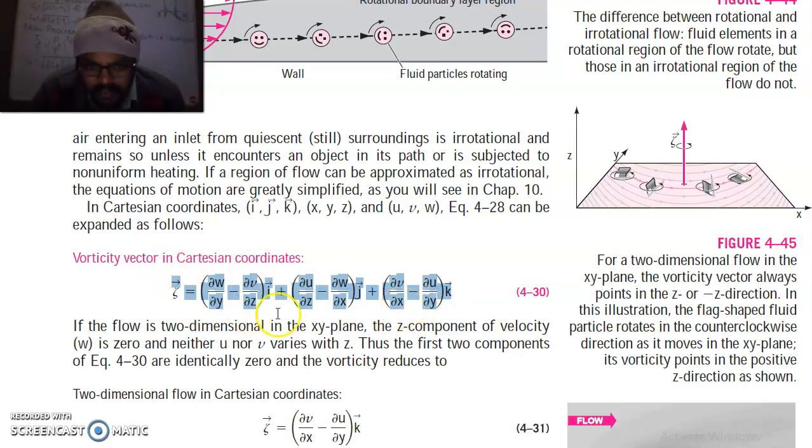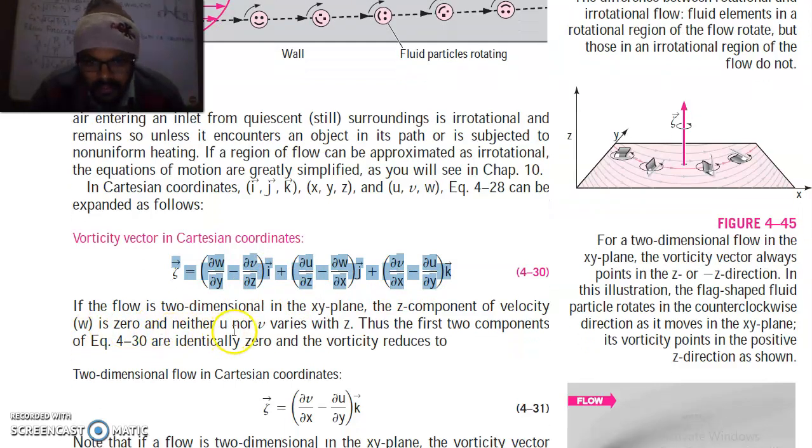Now if the flow is two-dimensional, the z component of velocity, which is w, is 0, and neither u nor v varies with z. So the variation of u with z and the variation of v with z will vanish, and the w component, the velocity component in the z direction, is 0.